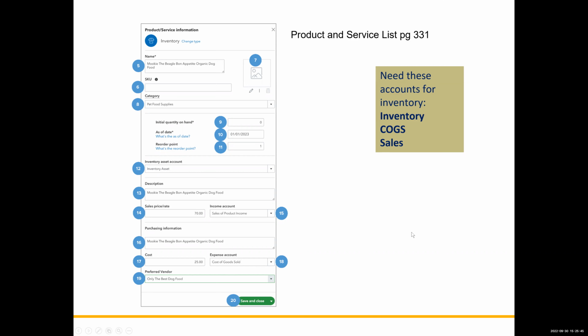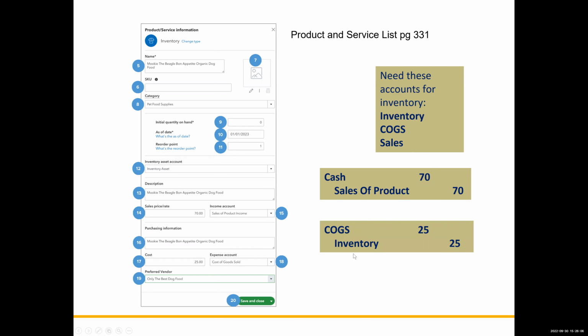For instance, when we sell the inventory, it's a sales of a product. So that's why we need that here, the sales of a product. We also need the cost of goods sold, which we'll put here, and we'll even put how much it cost us, right?